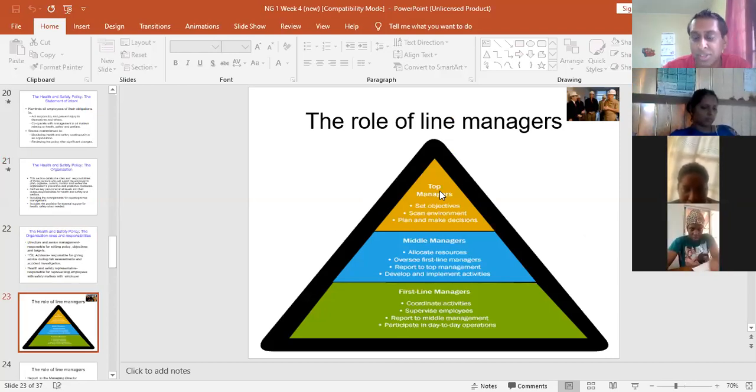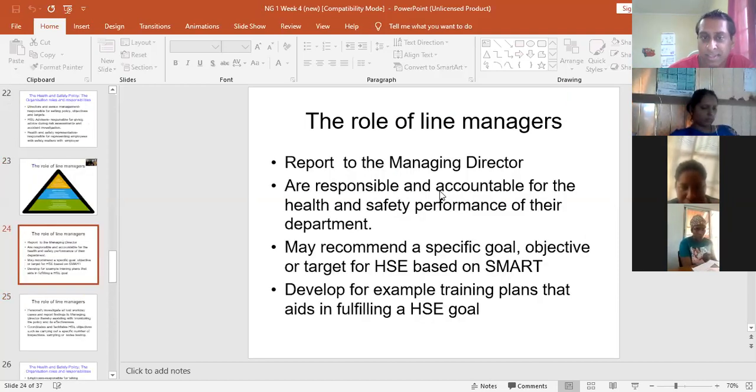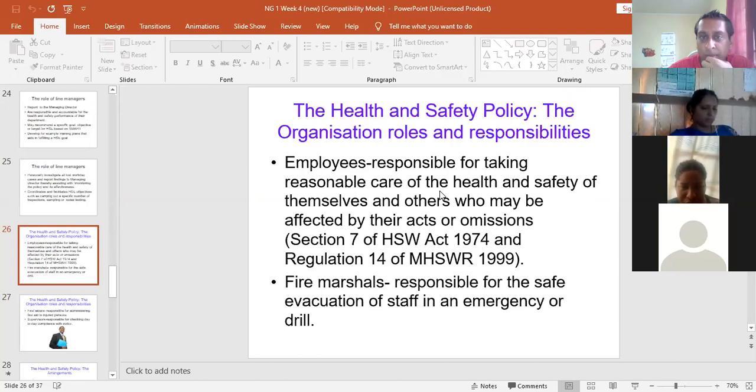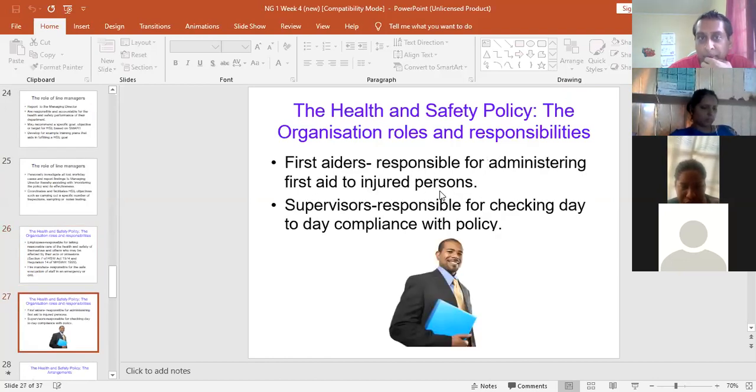In short, these are people. The organization refers to the people in the organization who will bring the objectives into fulfillment, right? So this is what you normally have to know for exam, right?